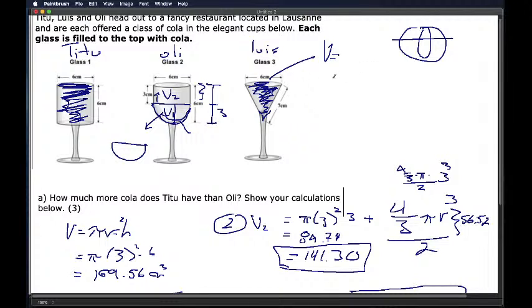So you need to find the volume of a cone. If we once again grab that formula, volume of a cone, it is 1/3 pi r squared times h.